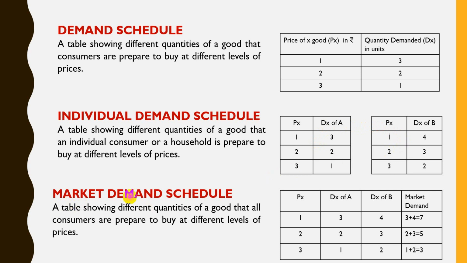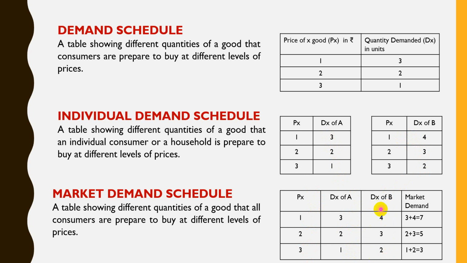Next is the market demand schedule. It is a table showing different quantities of a good that all consumers are prepared to buy at different levels of prices. Let us assume there are two consumers A and B and the price of X is given as 1, 2, 3. A's demand we know is 3, 2, 1 and B's demand is 4, 3, 2.